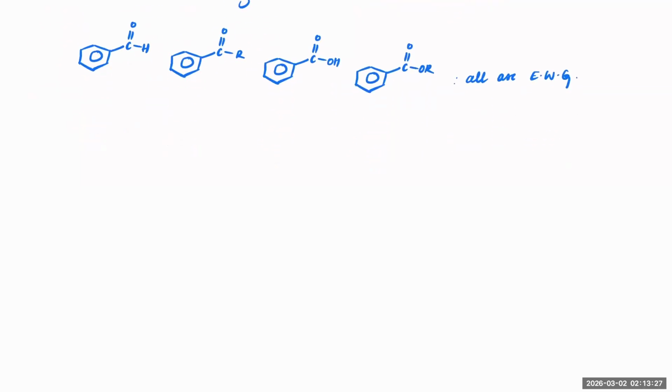What does that mean? See, if you notice on benzene, you have C double bond O, let's say with H here. Pi bonds are present here, so definitely this pi bond will move here, and this pi bond will move away from it.